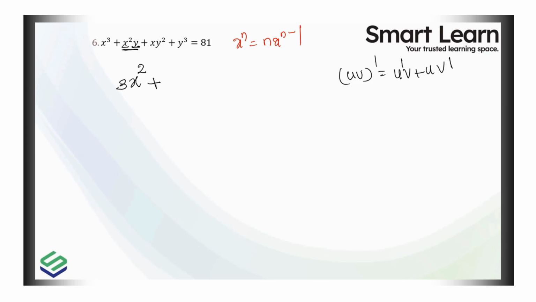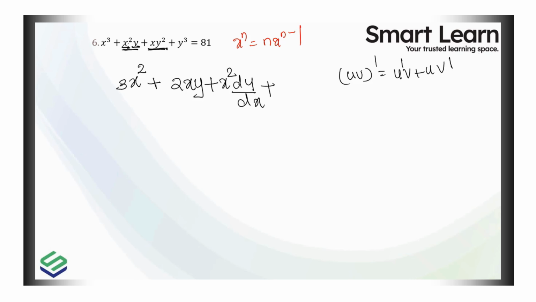So the derivative of the first, x square, is 2x into the second function y, plus x square into the derivative of y, that is dy by dx, plus then here also two functions, so we find the derivative using the product rule.